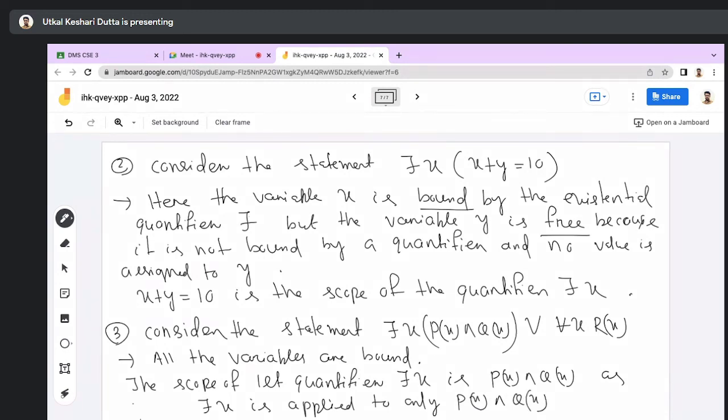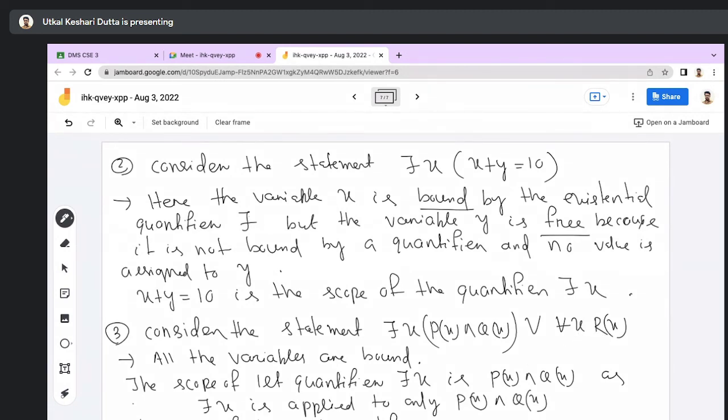Similarly, you can see the scope of the next quantifier, the universal quantifier. The scope of the second quantifier in the statement, for all x, is what? For all x is applied to r of x.